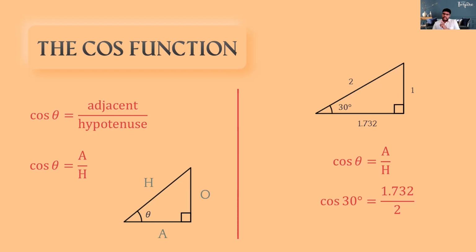Now I want you to take your calculator and first input cos 30 and check the value. Then divide 1.732 by 2 and see whether your value is the same if you do both. If you all do it correctly, you should get 0.866 from both.